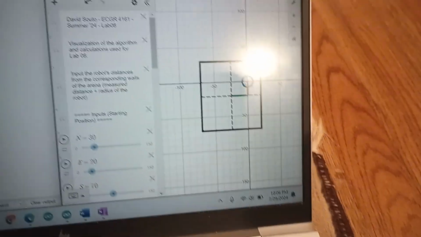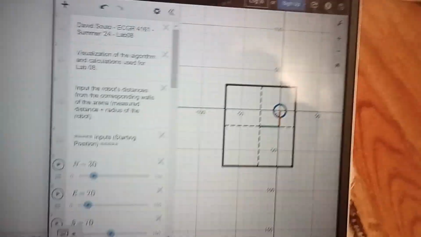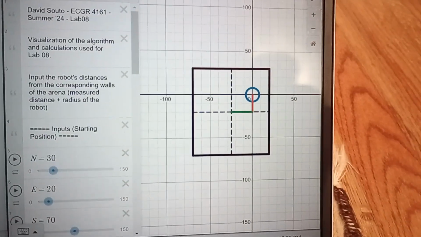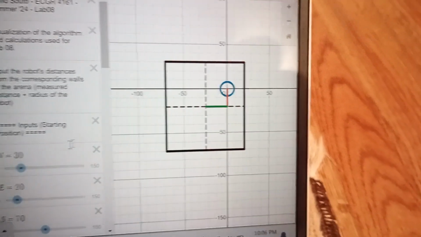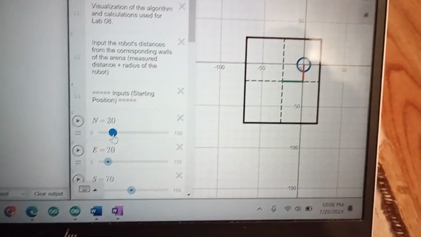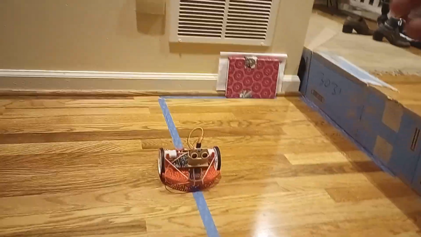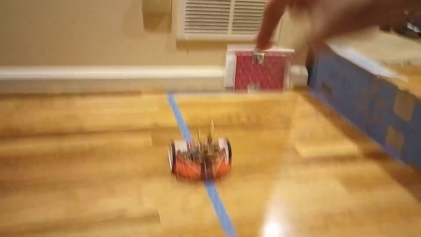Now, I graphed that in Desmos. So this is a representation of what we saw over there first. We'll do that. Now, the nice thing about this formula is that no matter, so let's say it was over there, let's say we increase the northern wall distance.